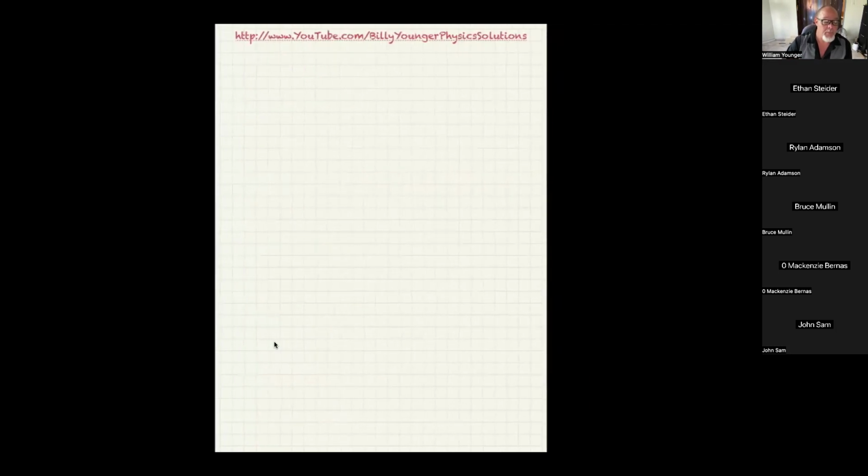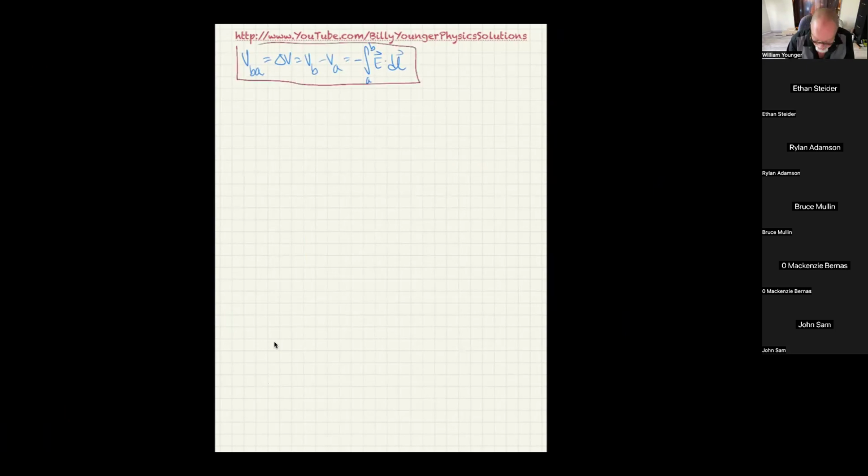Just as a recap, VBA, which is delta V, which is VB minus VA, is equal to the negative integral of E dot DL, integrated from A to B. That is exactly an equation I already gave you, but your book is calling it 23-4A, and that's what we're going to use.